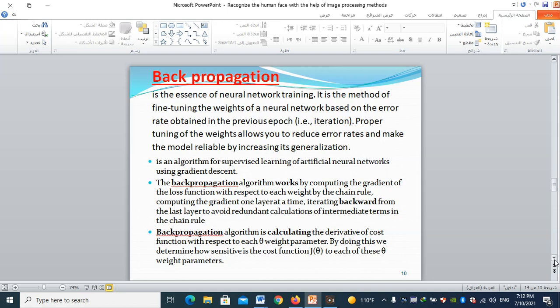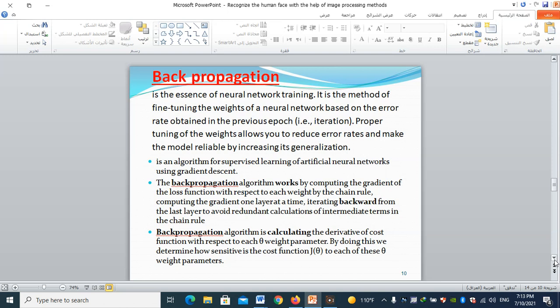Backpropagation. Backpropagation is the science of neural network training. It is a method of fine-tuning the weights of a neural network based on the error rate obtained in the previous epoch, or iteration.